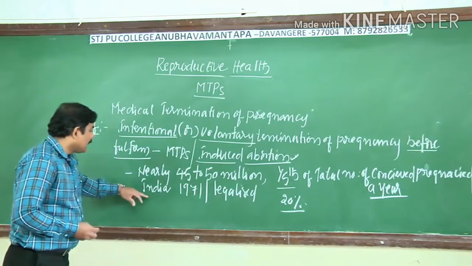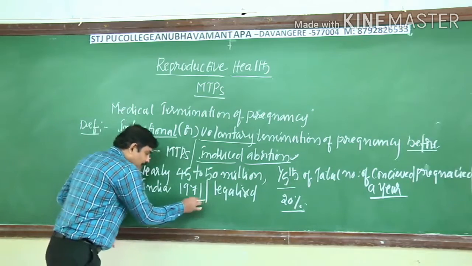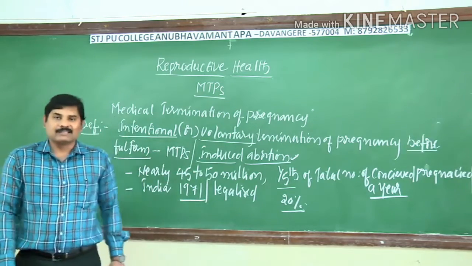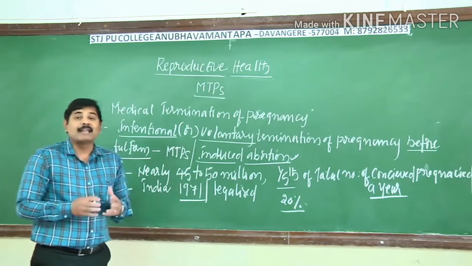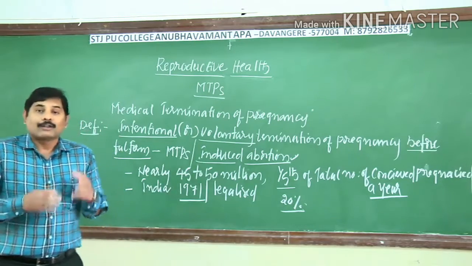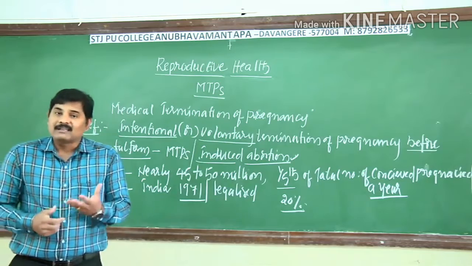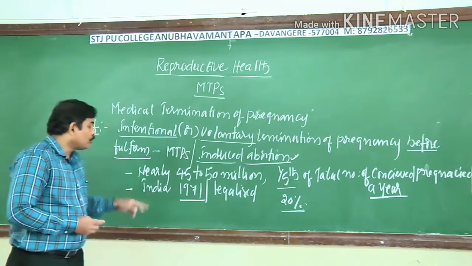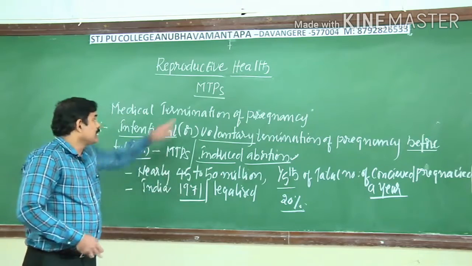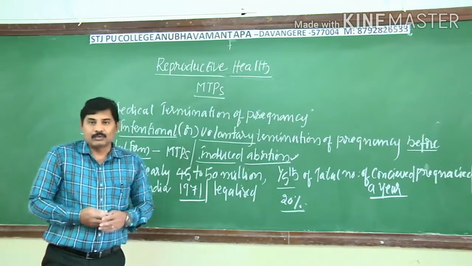Whereas in India, as I said earlier, it was legalized in the year 1971. But many countries in the world have not accepted or legalized this, and debates are still going on about whether to accept or legalize the MTPs in their respective countries.